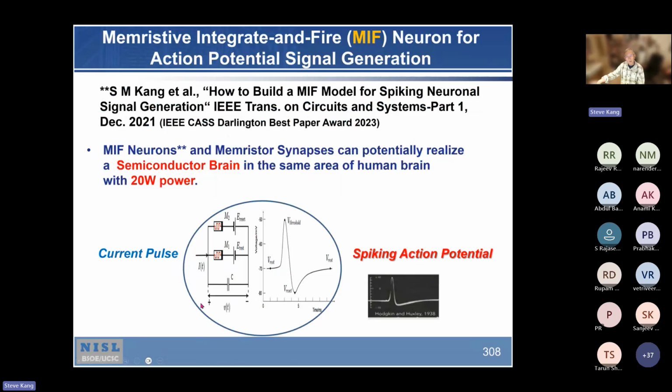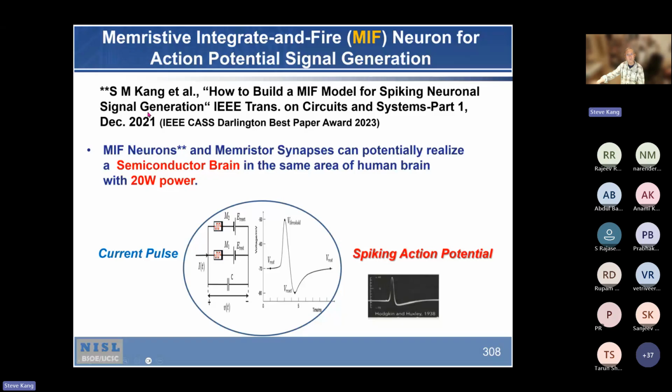So we used a commercial memristor to generate an action potential like this, using two memristors and two DC sources with a capacitor. This was published in a paper by Kang et al., my graduate student, with colleagues in Germany and Italy.